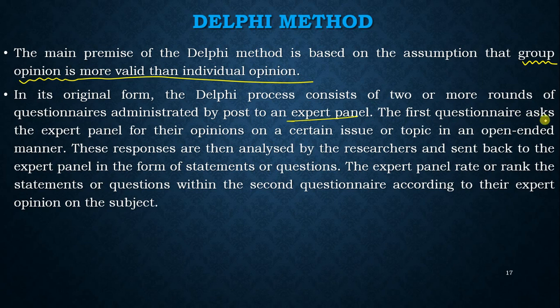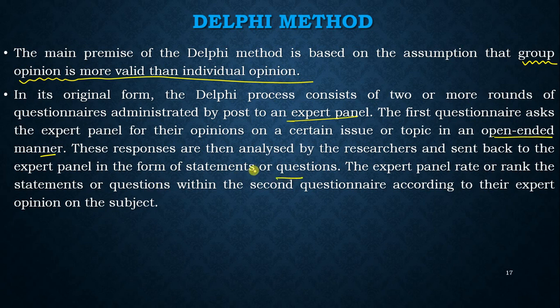The first questionnaire asks the expert panel for their opinion on a certain issue or topic in an open-ended manner. So the first questionnaire is like open-ended. These responses are then analyzed by the researcher and sent back to the expert panel in the form of statements and questions. This is analyzed by whom?